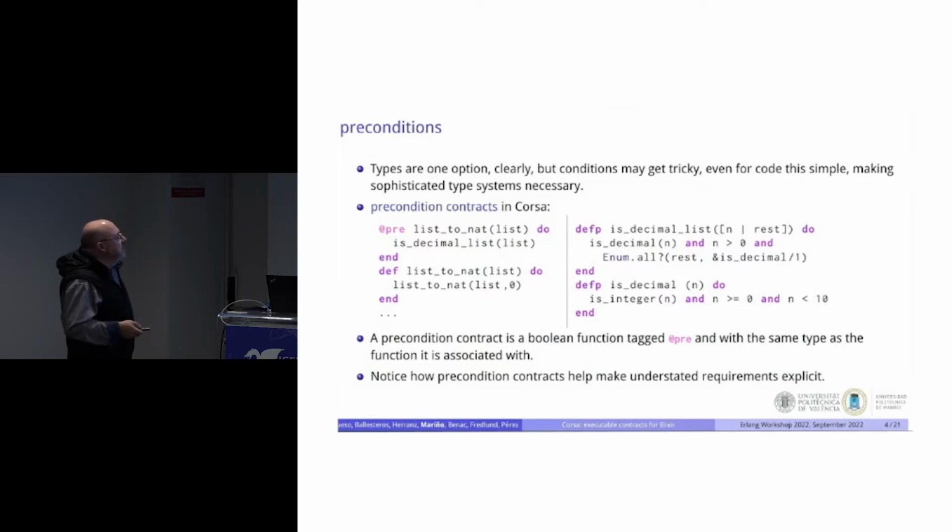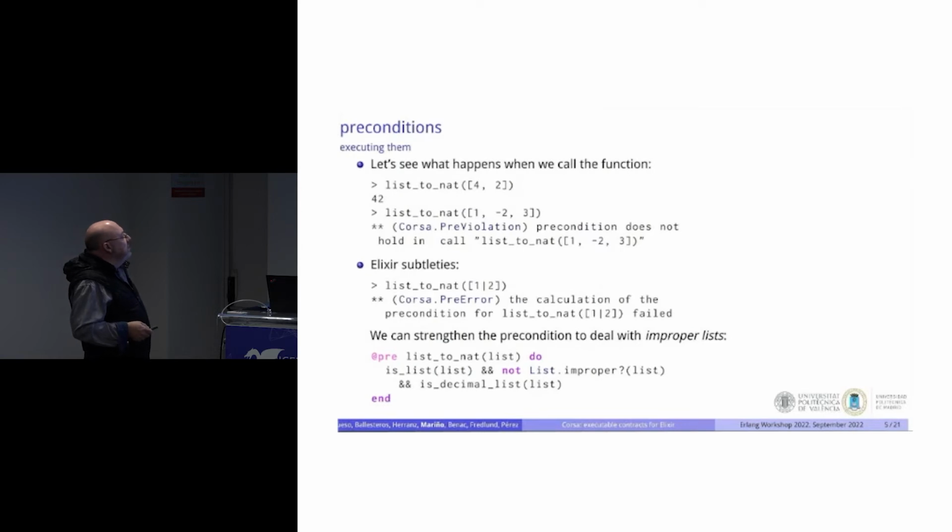So sometimes we have to be careful because in a more or less typed language, as Elixir, you have to be careful that you don't raise an exception yourself in the function that is implementing the precondition. So in this case, we could be more careful and add that extra requirement here. And that would be the final form of the precondition for this.